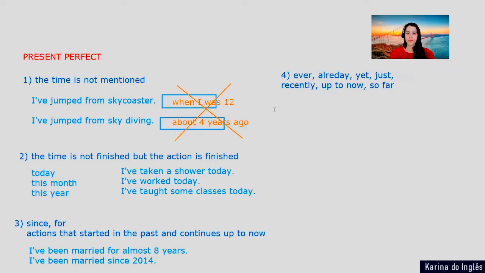For example, ever, we generally use for questions, okay, in the formal way, I'd say. So, have you ever jumped from skydiving? Oh, yes, I've done it already, or not yet. So it means you have plans to do it, but you have never done it before.